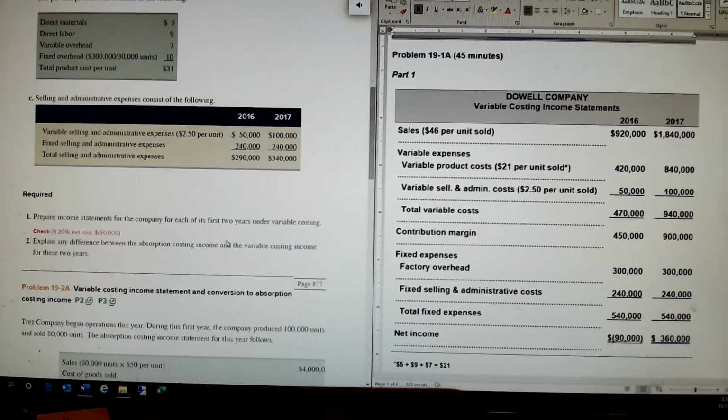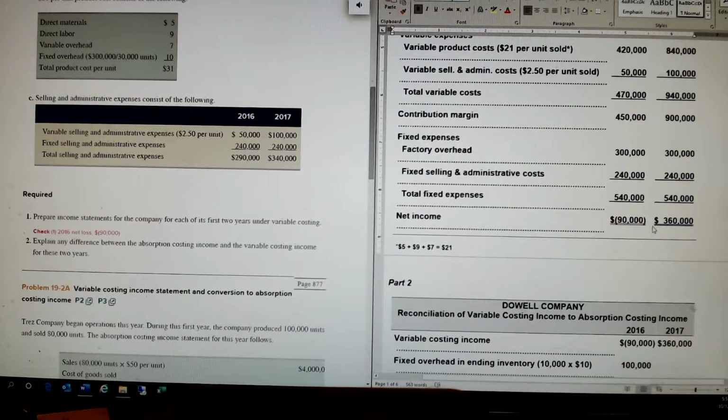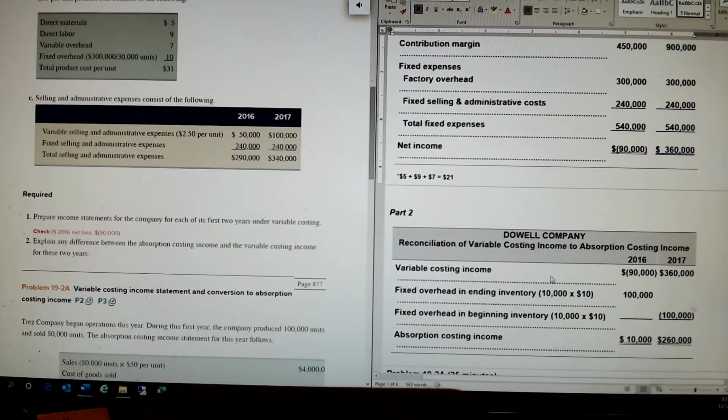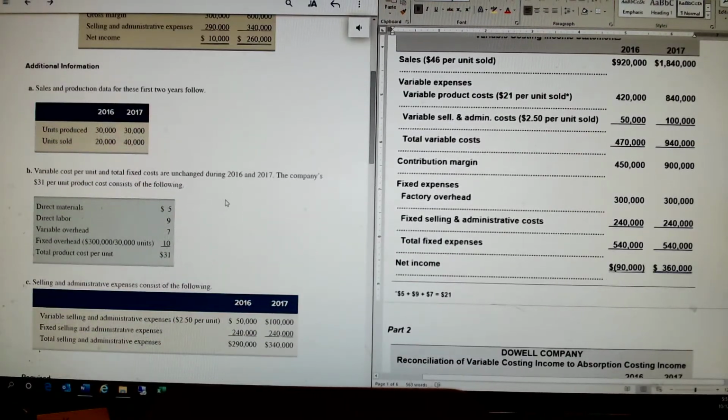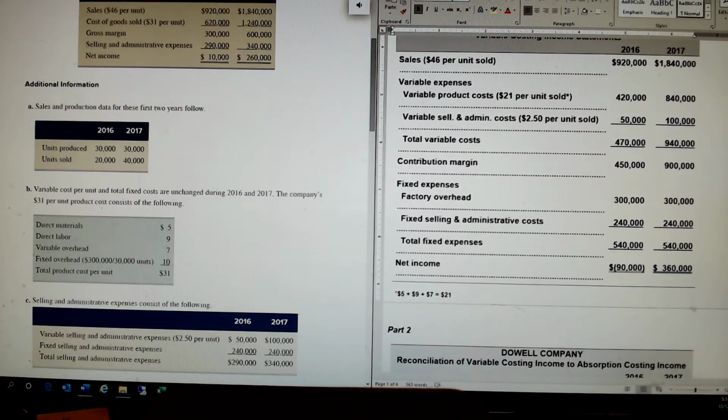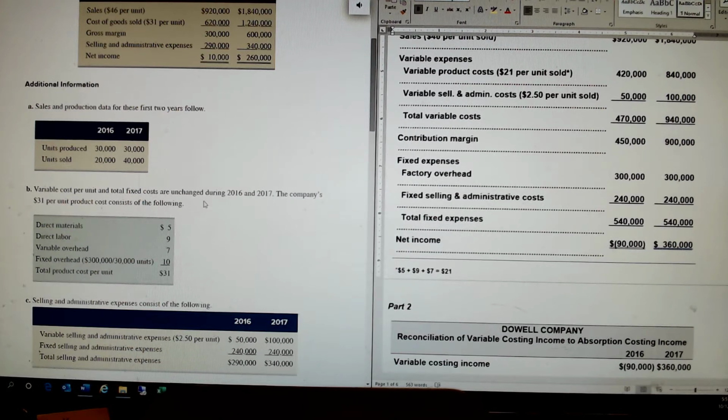Second, they want to explain the difference between the two. Well, it's how we treated fixed factory overhead. Now notice that the only thing that we're treating differently under these two methods is this fixed factory overhead right here. And that is under absorption costing, we're including $10 per unit in the product.